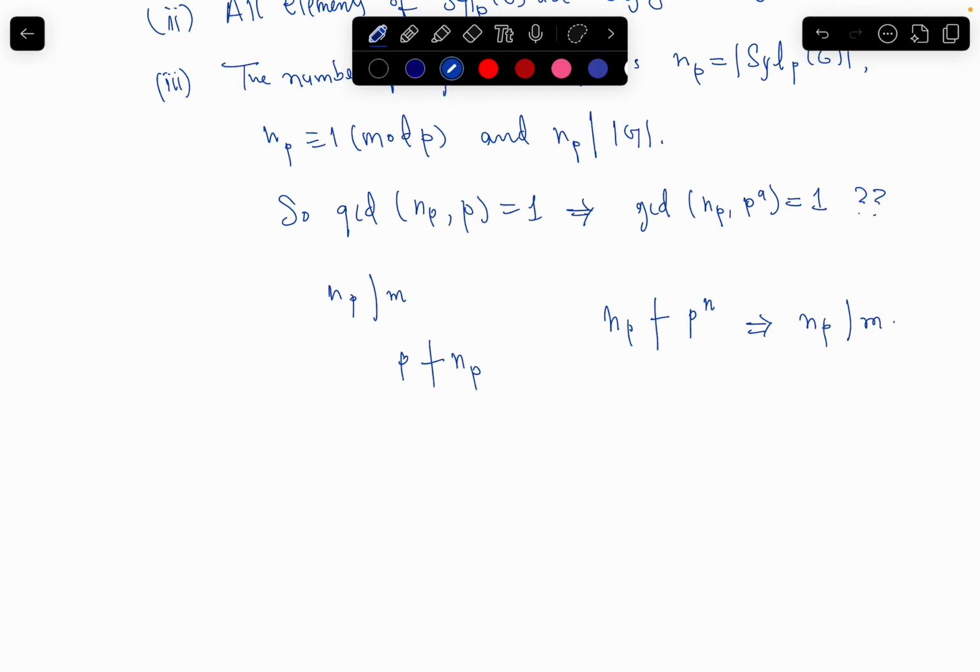Because n_p divides the order of G, that is p power a times m, m is n_p times some k, right?